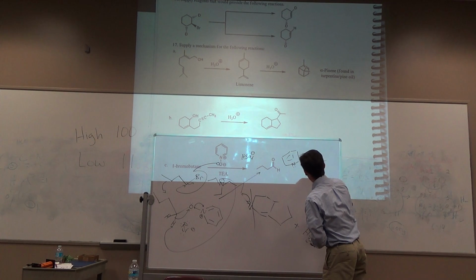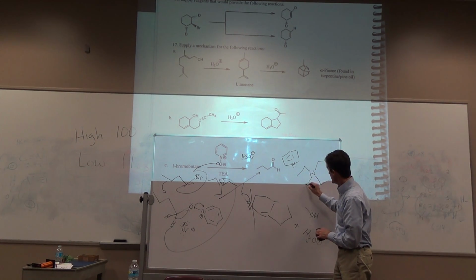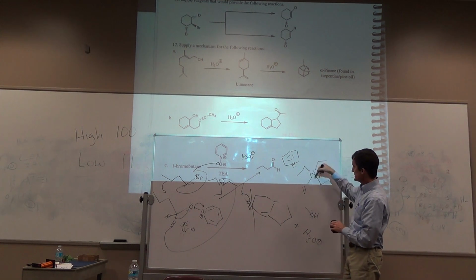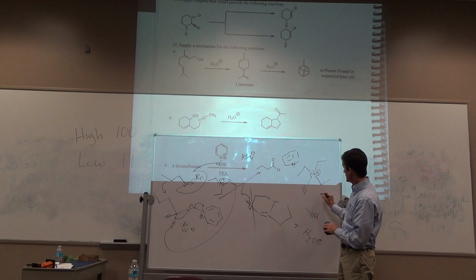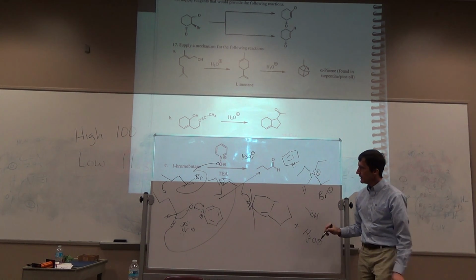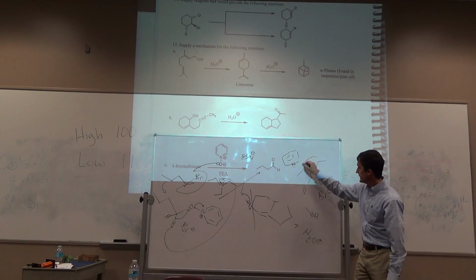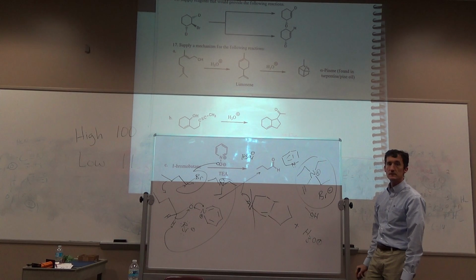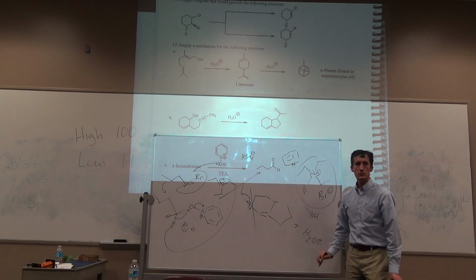Triethylamine is now bonded to what? An H. Thus, this has a charge. What's the charge? And what else is here? Br minus, which we formed over there already. This all together is a salt. That's a neutral byproduct, and that's a neutral organic.